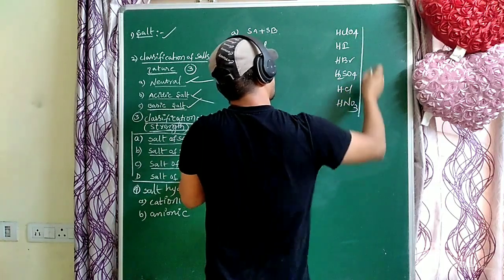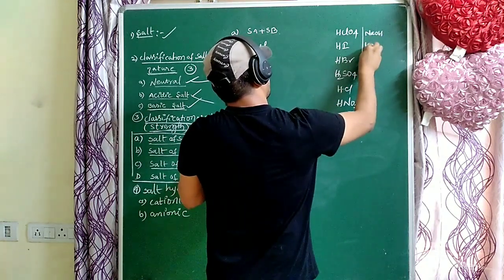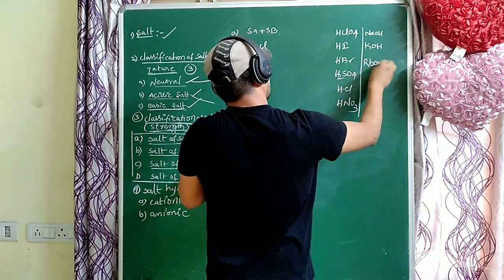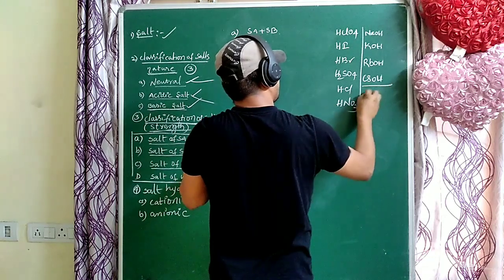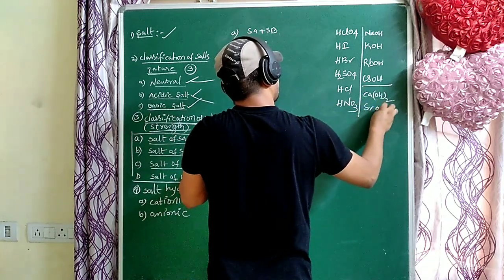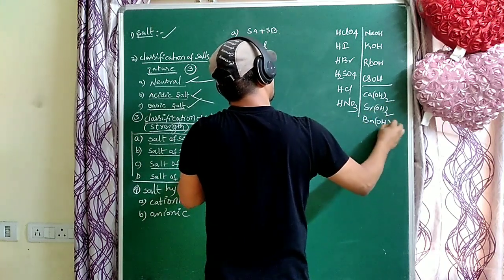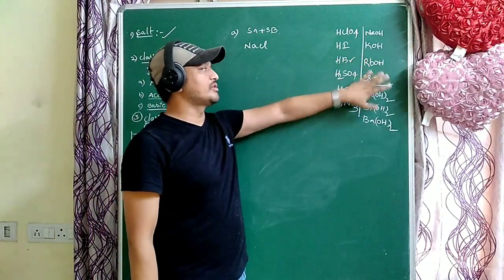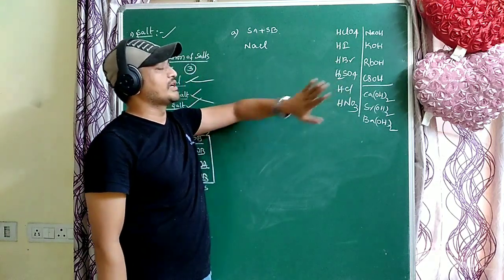The strong bases are NaOH, KOH, RbOH, CsOH, and from the second group Ca(OH)2, Sr(OH)2, and Ba(OH)2. These are strong bases compared to all the remaining bases. These 9 bases and these 6 acids are very strong.